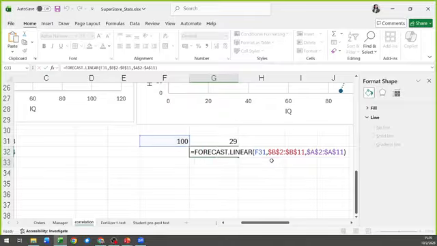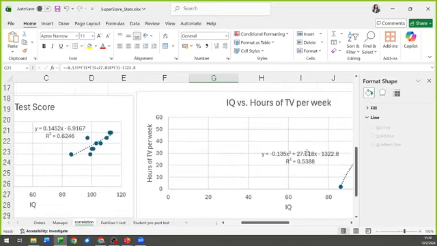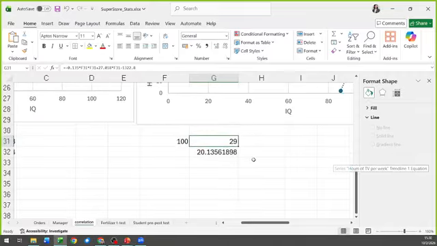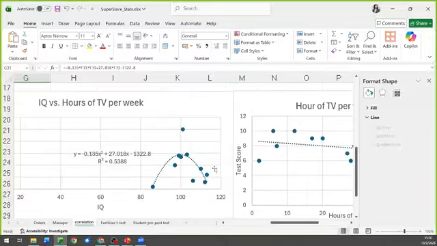So why is it quite different for this case? Because these are two equations. This one is polynomial, degree of 2, right? This one is linear. That's why. So if you use linear, you get a line like this.